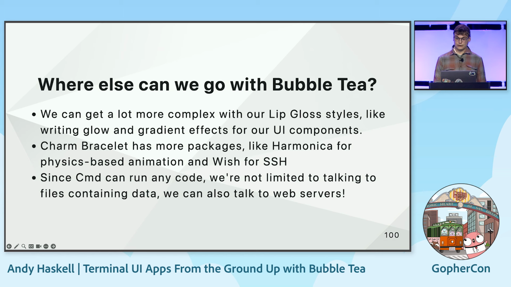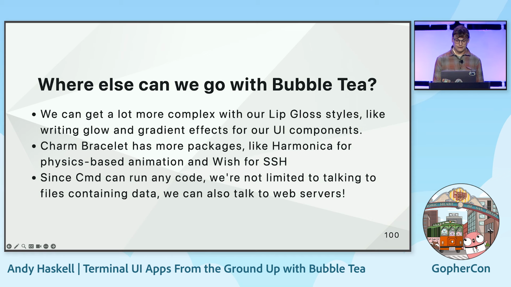But since a Bubble Tea app model is an interface, and an interface can do anything, we've only scratched the surface of what a TUI can do. For example, regarding those Lip Gloss styles, if you're writing an app for a terminal that supports true color, then you're able to do things like have gradients or buttons that have a fade-in glow effect when they're selected.